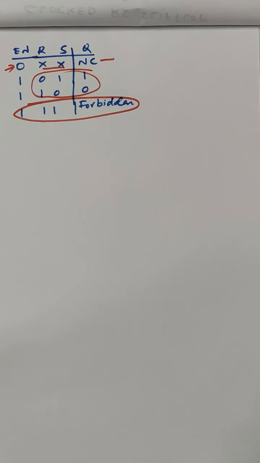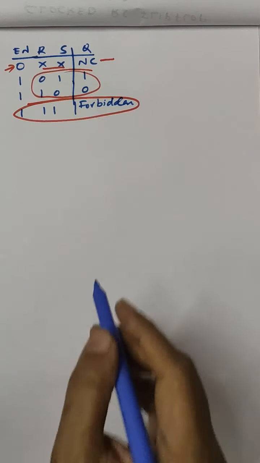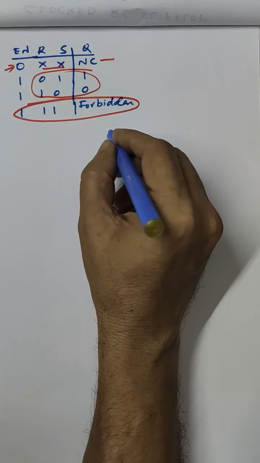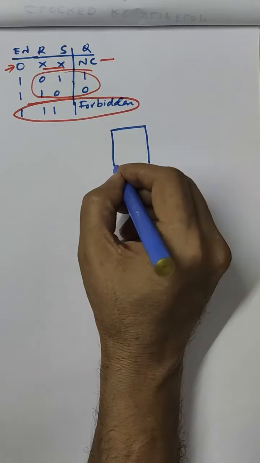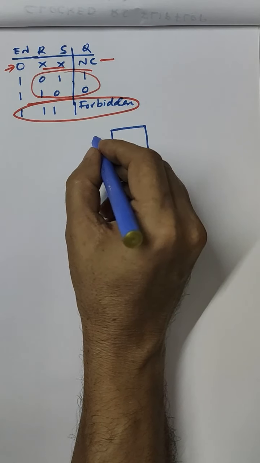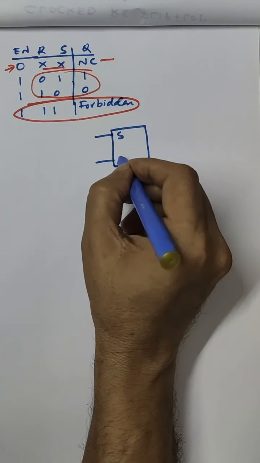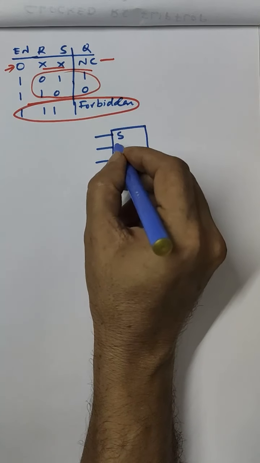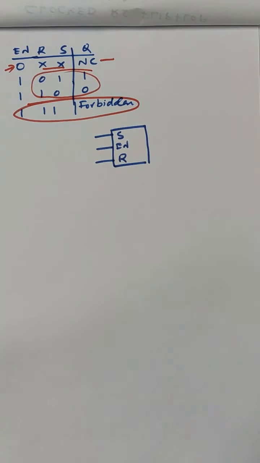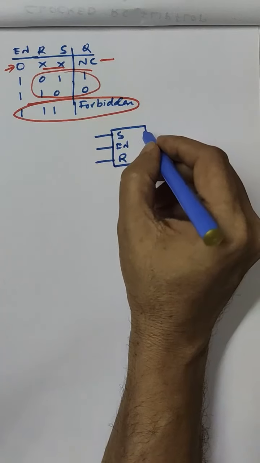How is it possible? We can draw an RS flip-flop. This is R, and this is S. How can we change it?